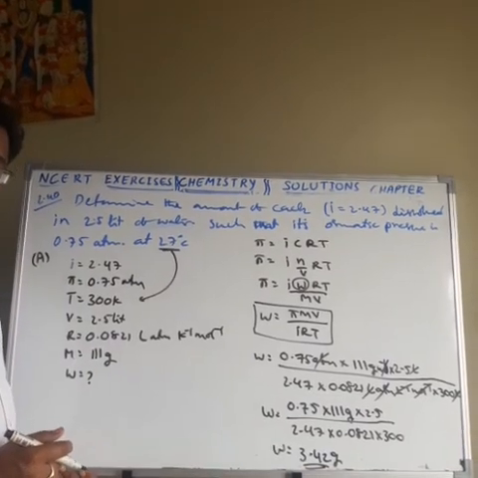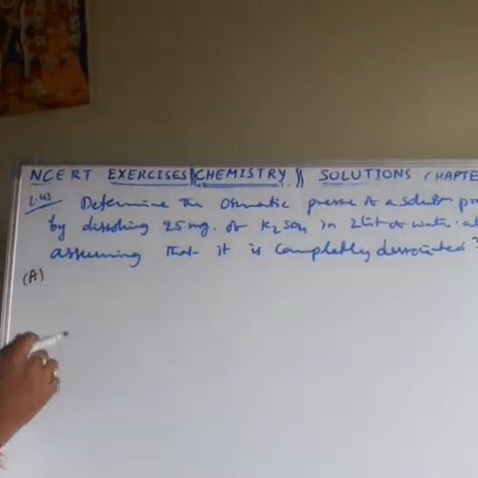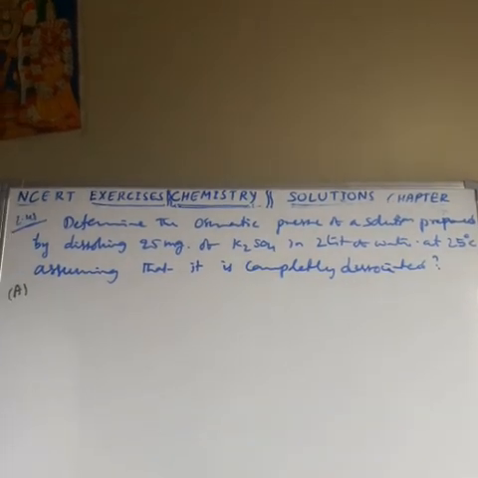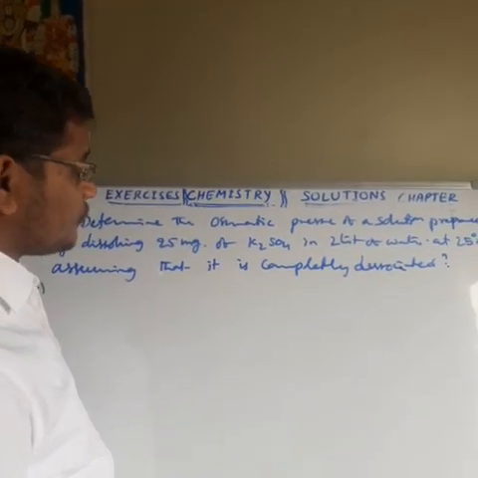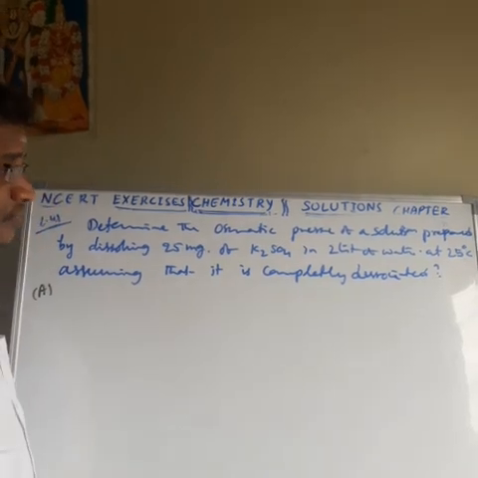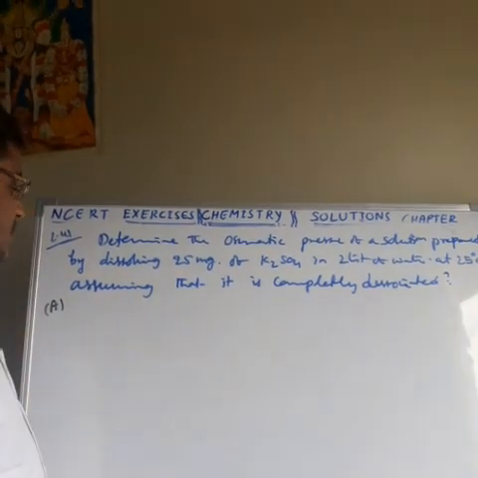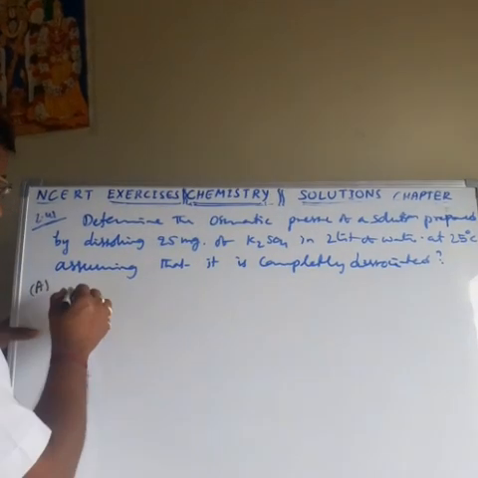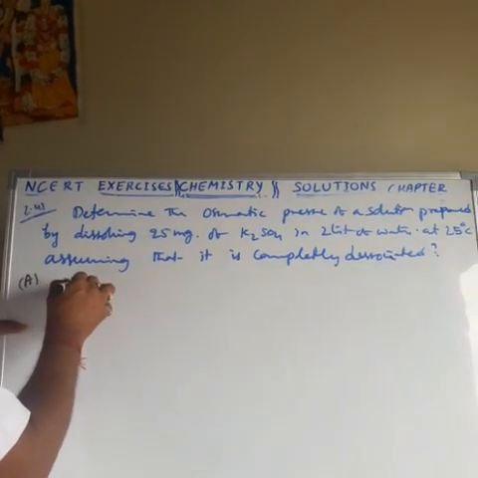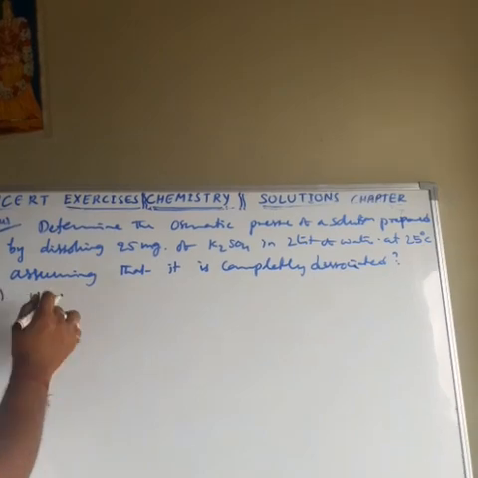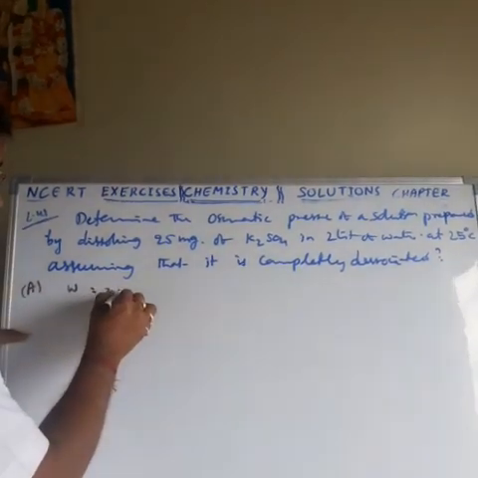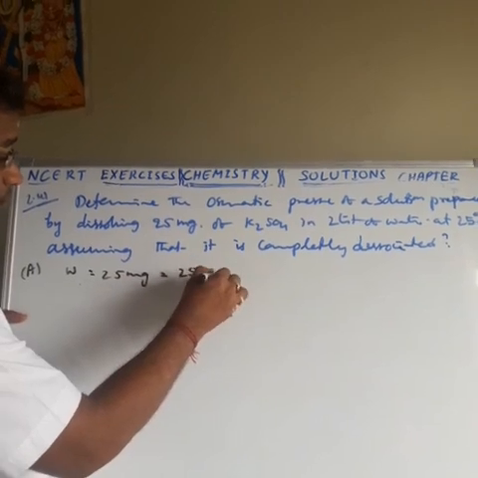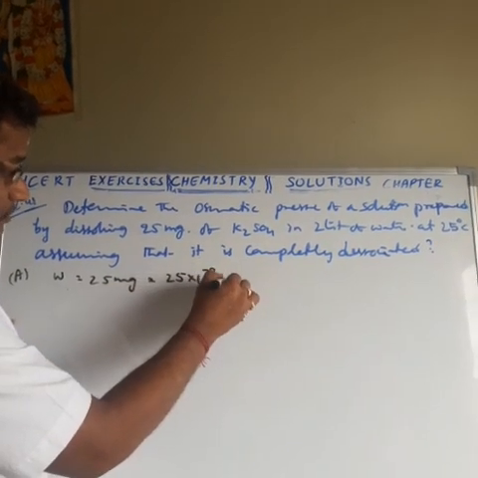Then the last one is question 41. Determine the osmotic pressure of the solution prepared by dissolving 25 mg of potassium sulfate in 2 liters of water at 25 Celsius degrees, assuming that it is completely dissociated. First, weight of potassium sulfate: 25 milligram, converting into grams, 25 into 10 power minus 3 grams.